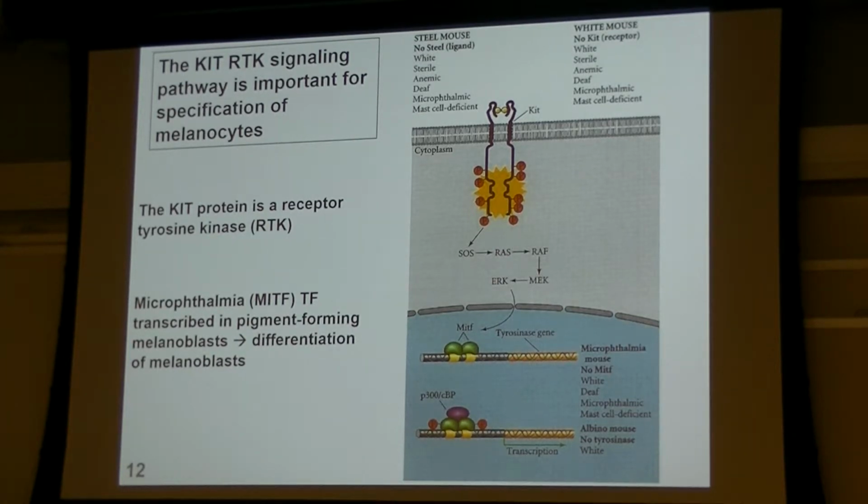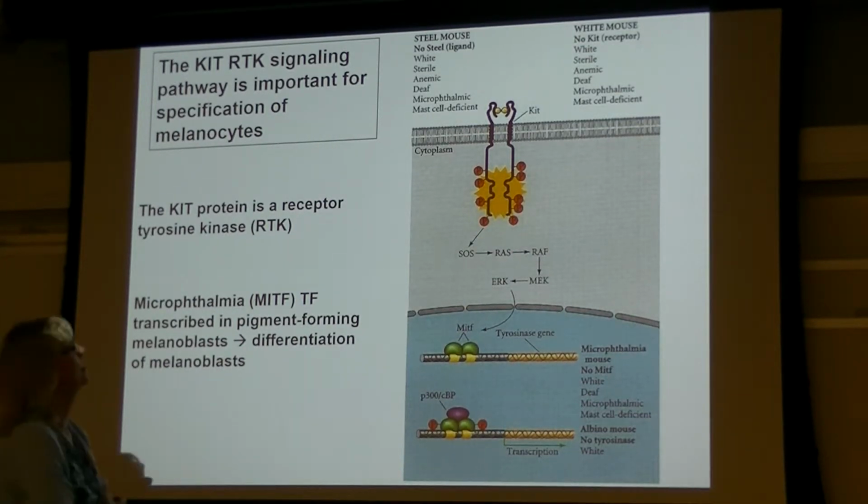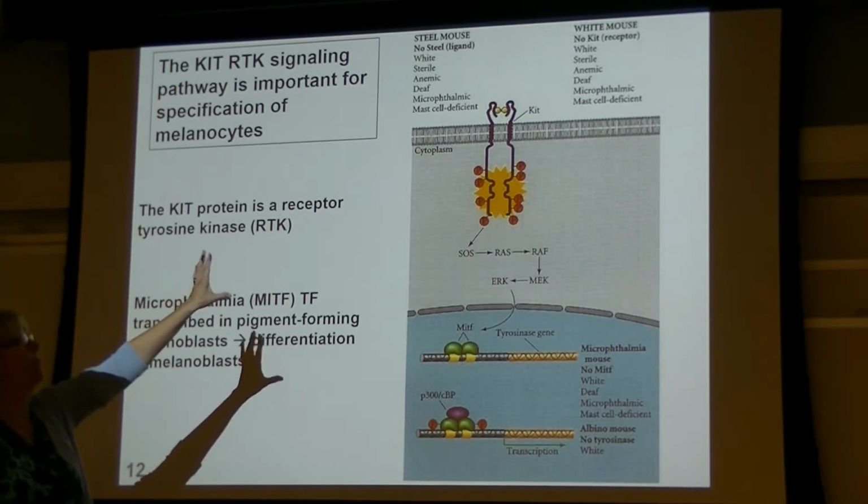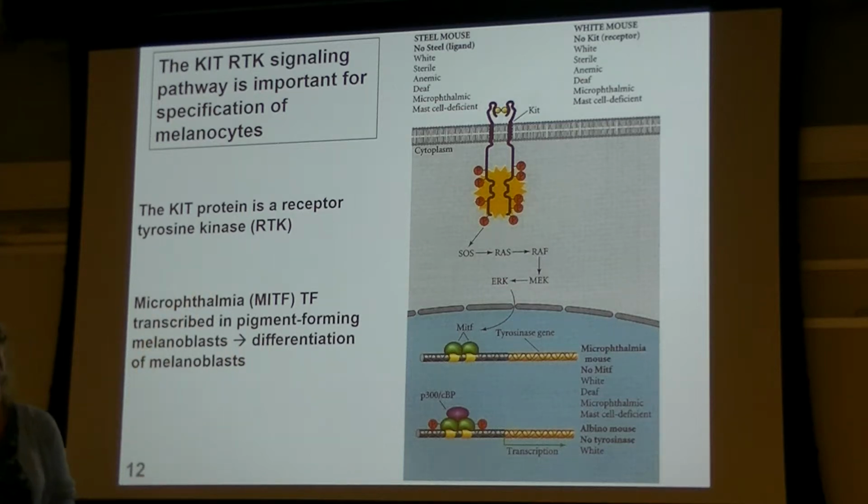And so what is KIT, just for interest? KIT happens to be an important part of this signaling pathway here. It is a receptor tyrosine kinase, if you remember that from cell biology. So this is something where you can have an external paracrine factor ligand, which happens to be named Steel.